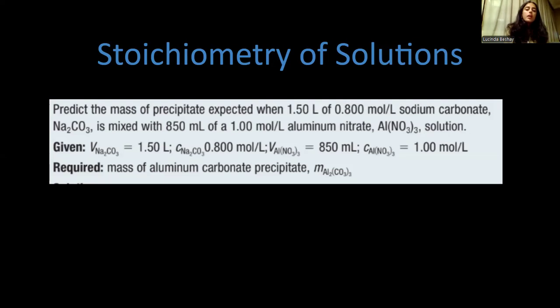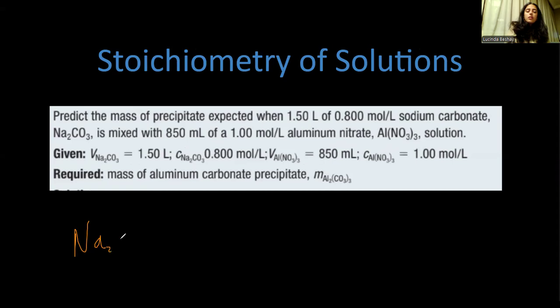Okay, let's think about it. So here it looks like I have a lot of different outputs from this reaction. So I've got Na2CO3 plus aluminum nitrate, so AlNO3.